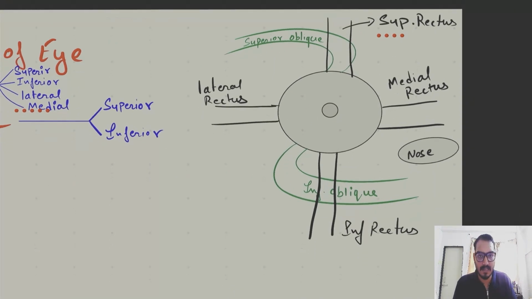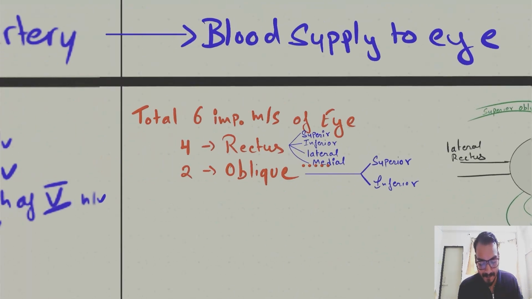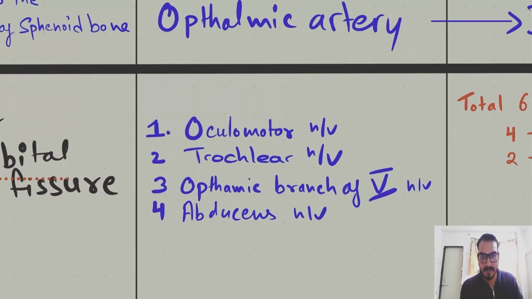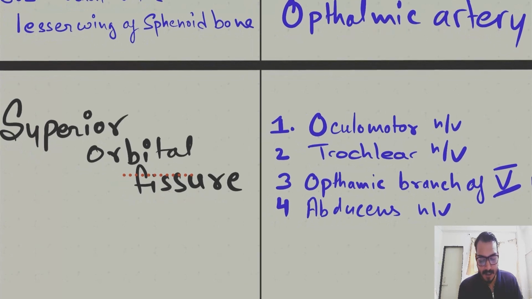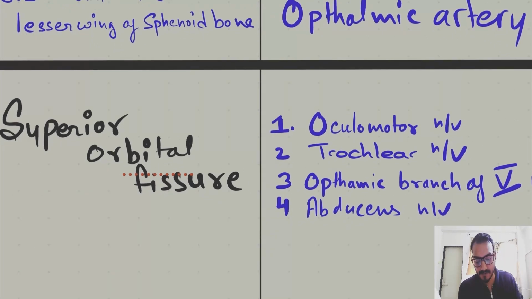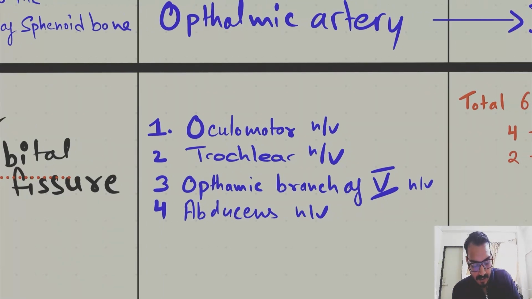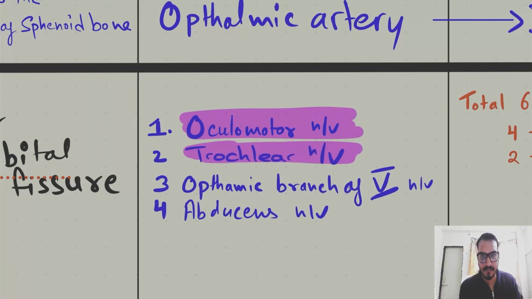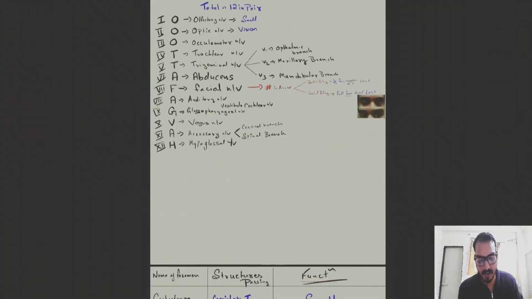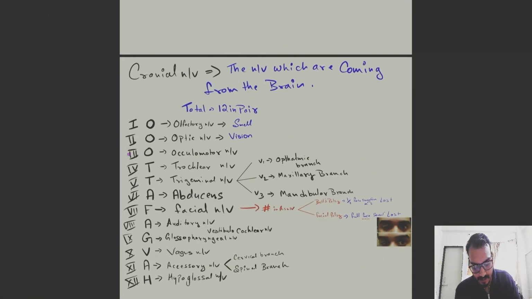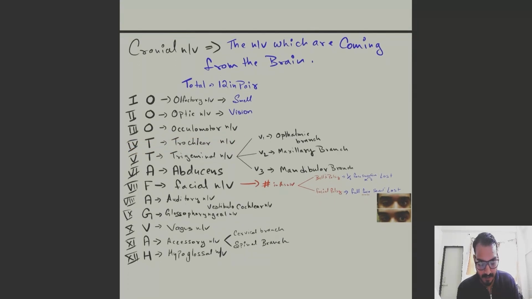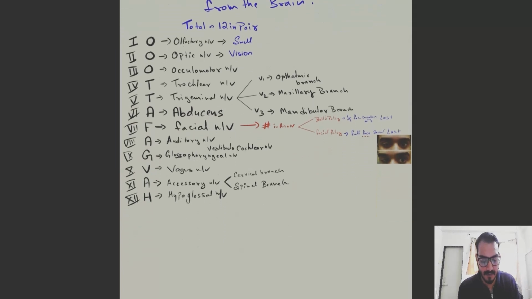Why am I telling you these muscles, guys? Because we have the structures which are passing through the superior orbital fissure: the oculomotor nerve, which is nerve number 3, the trochlear nerve, which is nerve number 4, and the abducens nerve, which is nerve number 6.